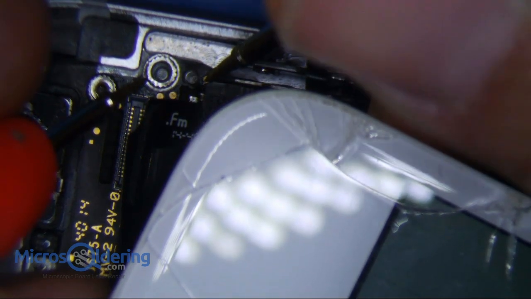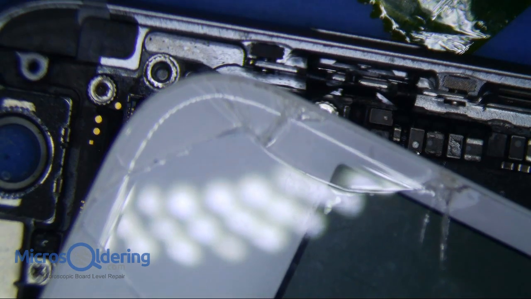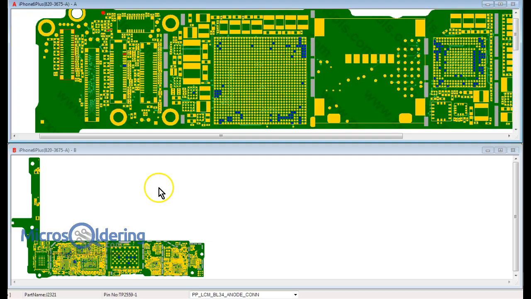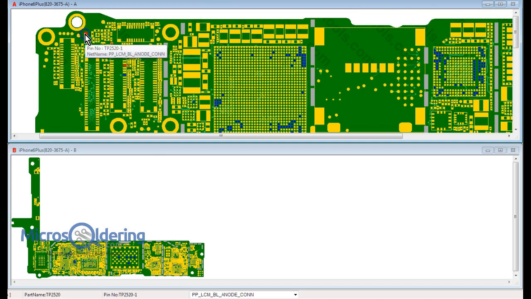This one's 17 volts. Okay, so on a known good working phone, the voltage at this point should be right around 11.3 volts, and this one should be right around 17 volts. All right. So if you're not getting that, that means something is wrong within that circuit.